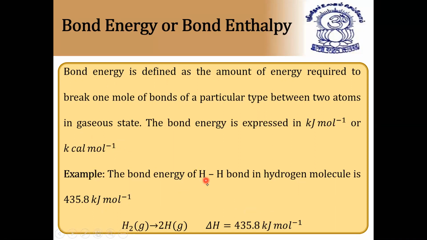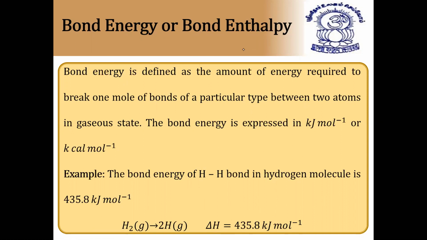Hydrogen exists in the form of a single covalent bond. If you give the hydrogen gas molecule 435.8 kilojoules per mole, it breaks up into two gaseous hydrogen atoms. So this is called bond energy. I hope it is clear.